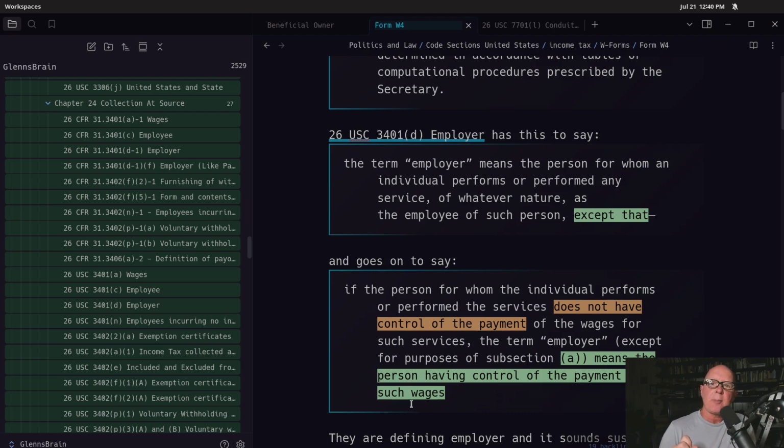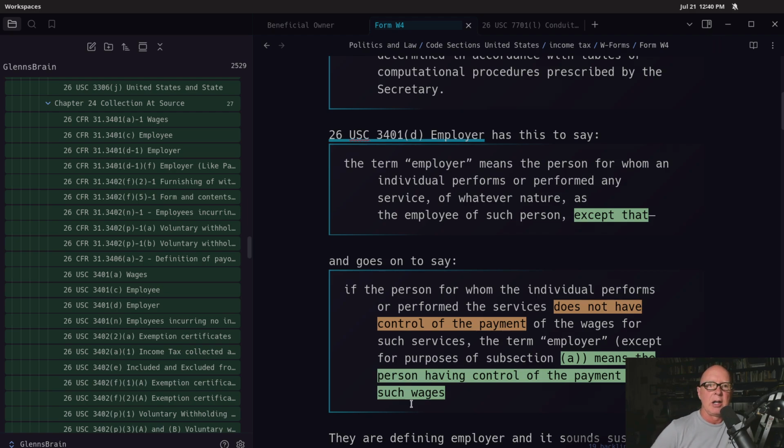So essentially what they're saying is that if, say, I hire a payroll company and they're the ones doing the payroll, so all I'm doing is putting money into their account, they're taking that money and then dispersing it to all the employees, they are the employer, not me.